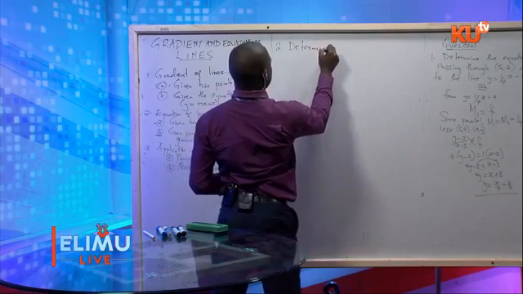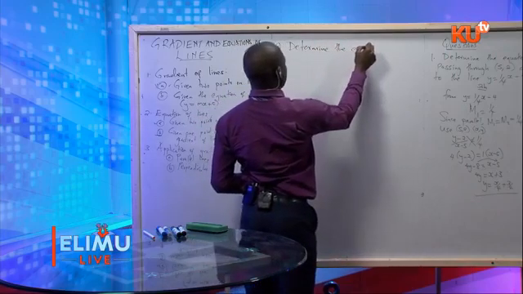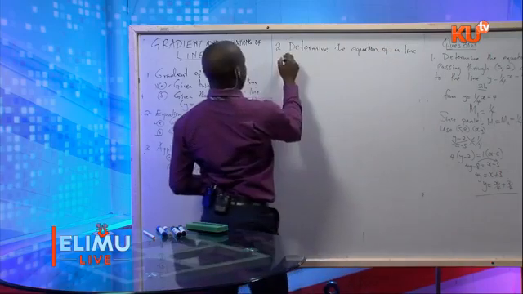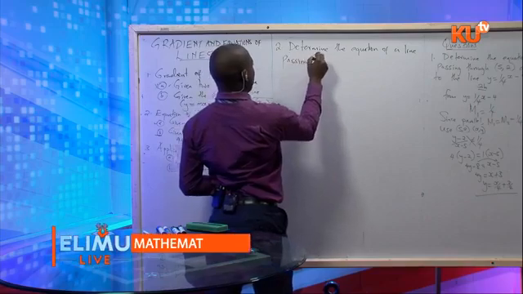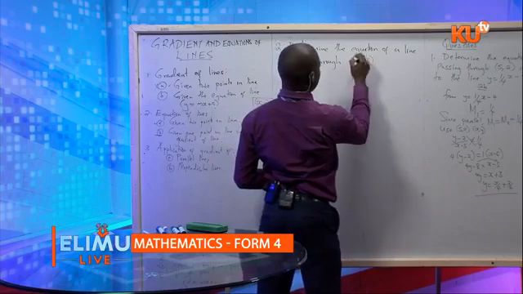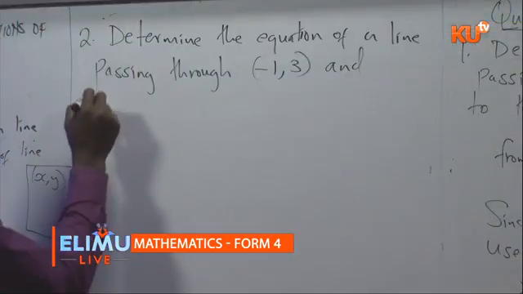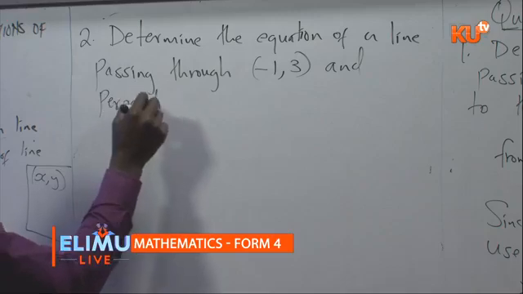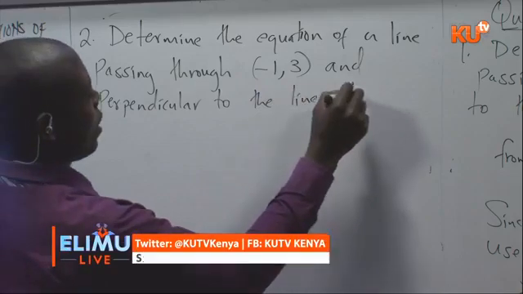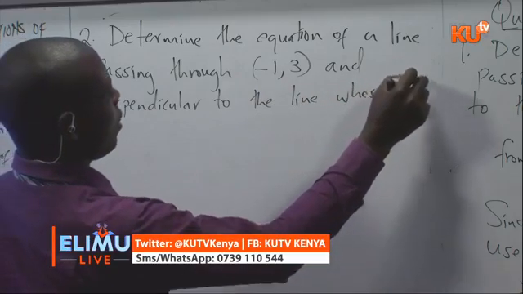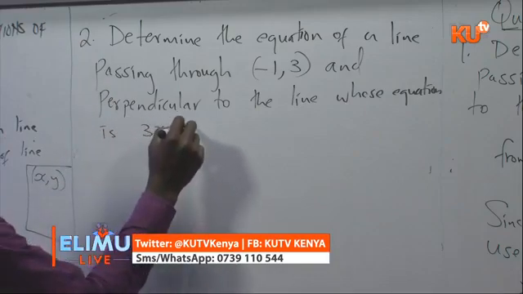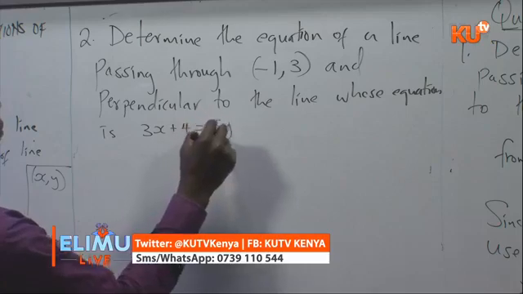Determine the equation of a line passing through (-1, 3) and perpendicular to the line whose equation is 3x + 4 = 5y.